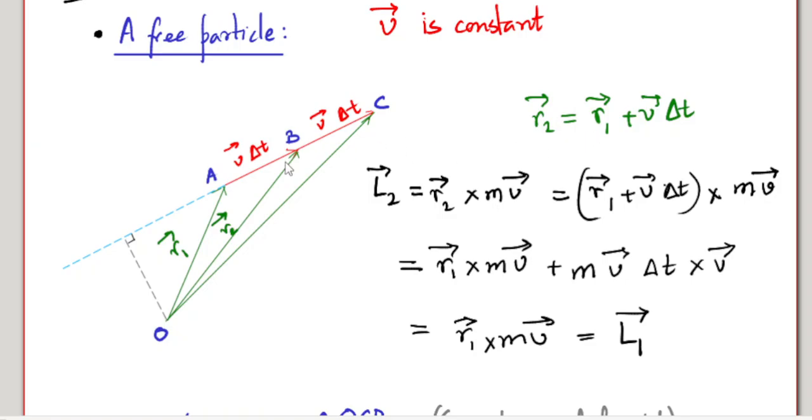This position vector, the position vector OB, r2 here, is the same as r1 plus V delta t. Of course, r3, the position vector of C, would be r2 plus V delta t.